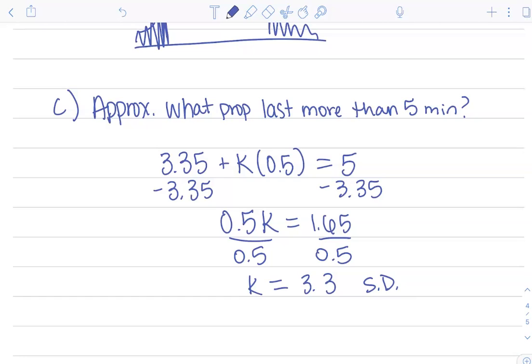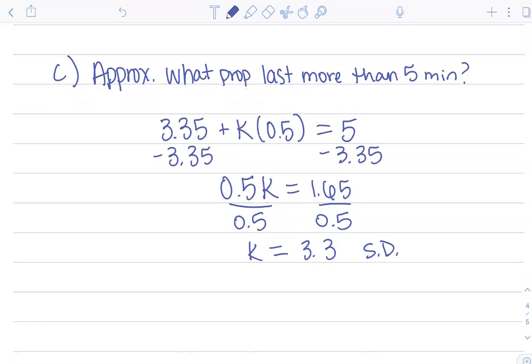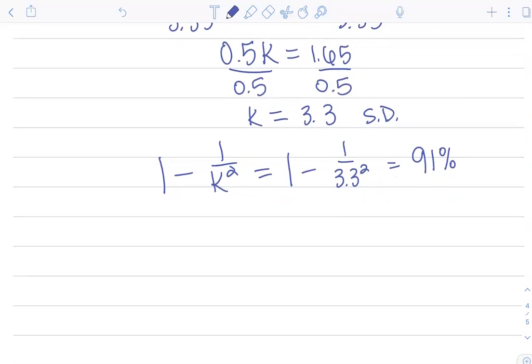We can still use Chebyshev for these non-integer values. It's still 1 minus 1 over k squared. So 1 minus 1 over 3.3 squared, and you get 91%. But let's think about what Chebyshev is actually saying. 91% will be within 3.3 standard deviations.